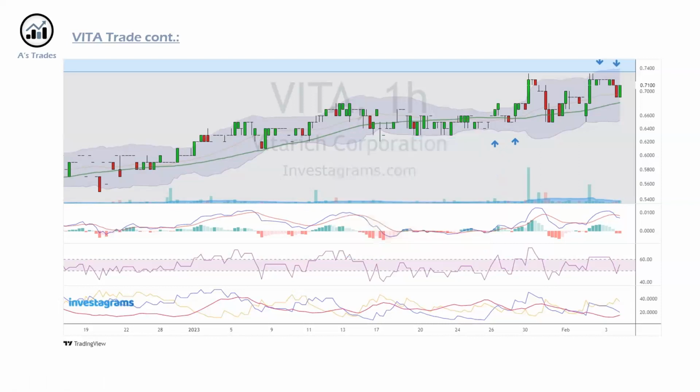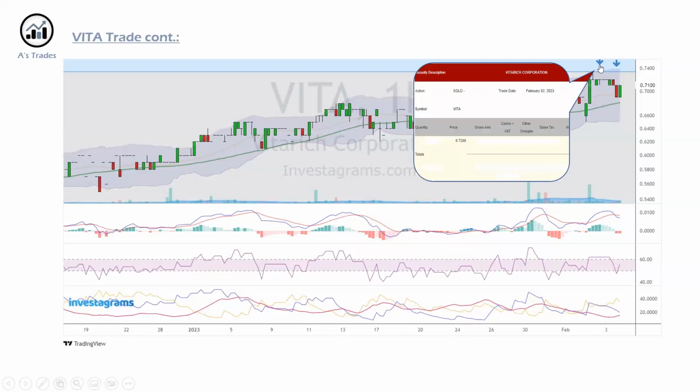I sold a tranche here at the price of 0.72 on February 2, just to protect my profits, and also because it's already near the resistance level. So I held the tranche, expecting the price to break the resistance level and ride the upward move.